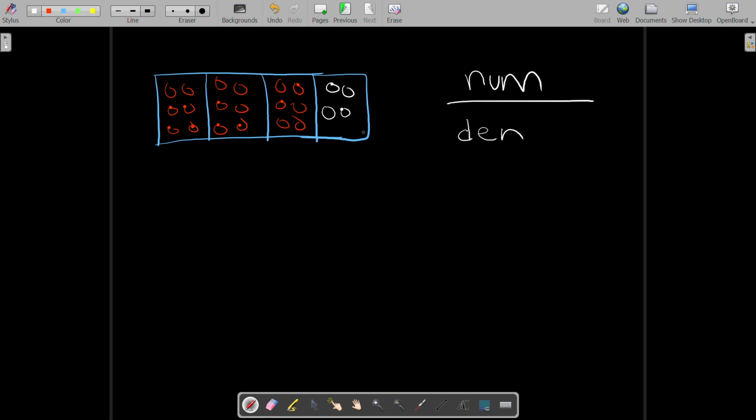So if we want to find out how many M&Ms we would have, well, we have 3 parts of the entire candy bar, and the denominator is the whole. So we would write 4 because we have 4 parts in total.